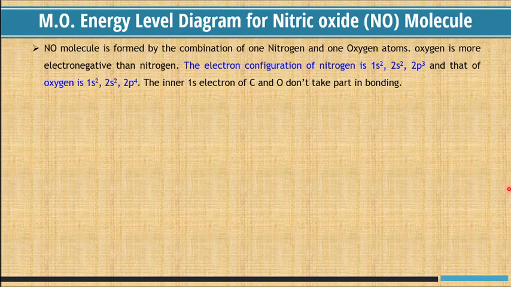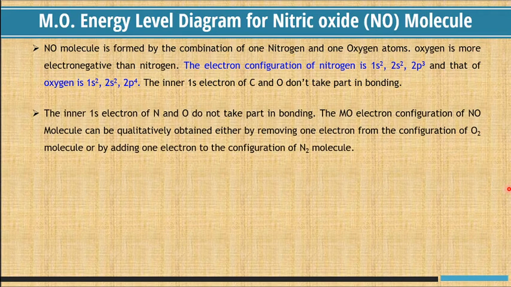The electronic configuration of nitrogen is 1s2, 2s2 and 2p3, and that of oxygen is 1s2, 2s2 and 2p4. The 1s electrons of nitrogen and oxygen do not take part in bonding. They remain as non-bonding electrons.